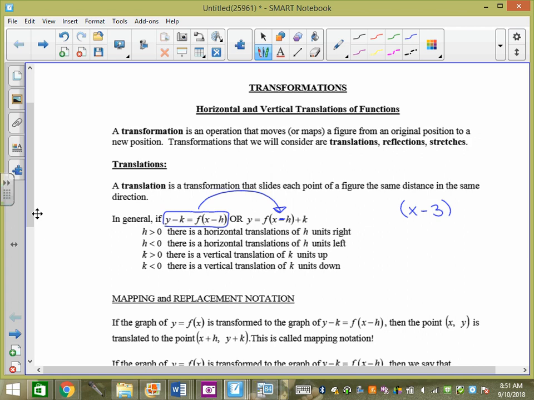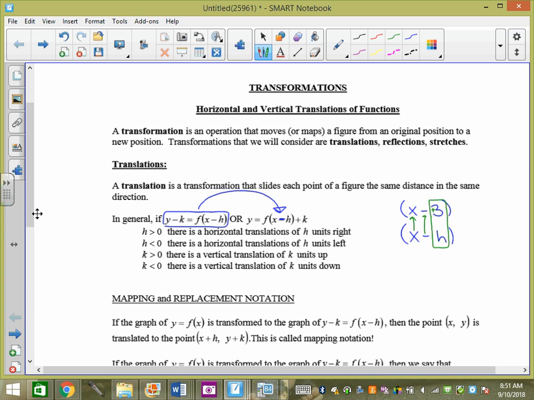But in order to have a minus 3, I actually have x minus h. We agree? So what would my h actually be? This is my x. This is my minus sign. My h is actually what? Plus 3, is it not? Agree? So it's actually 3 to the right. That's why it's always the opposite of this one, because it has that minus sign in it.